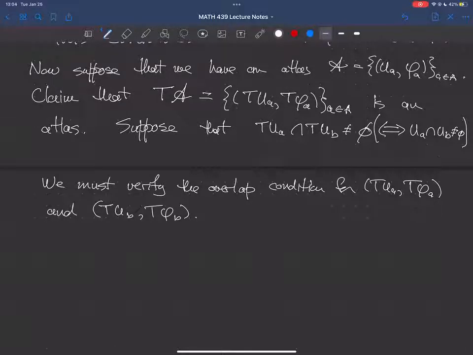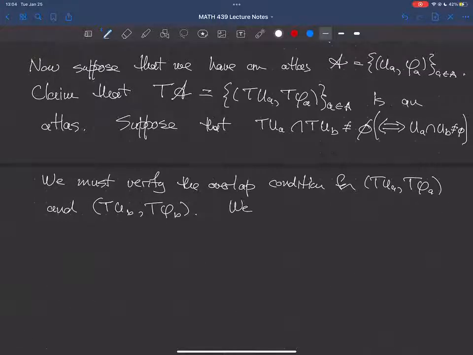What the overlap condition means is that you have to represent points and indicate how the representations in one chart are related to the representations in the other chart. That's the overlap condition.